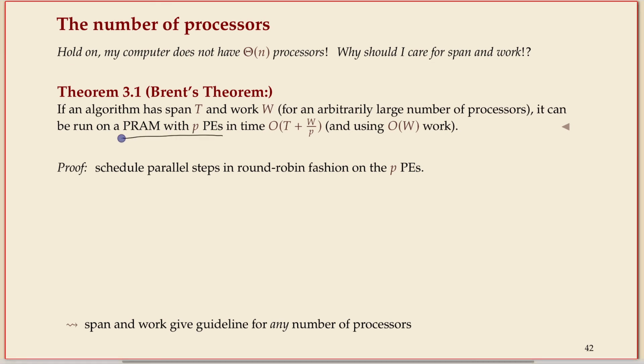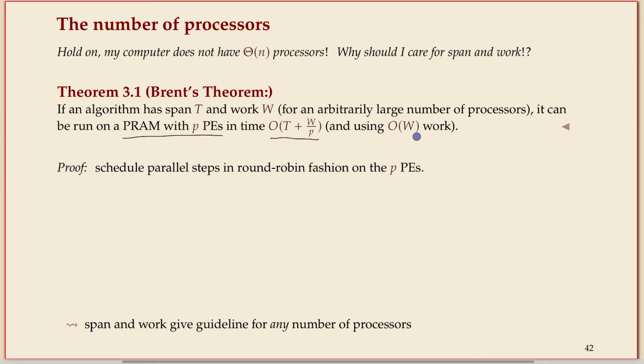So if you have your concrete machine, you can insert what p is, and you can work out that the parallel time comes down to this. It is the span of the original algorithm, plus w divided by p. And you're still using essentially the same work up to a constant factor more.